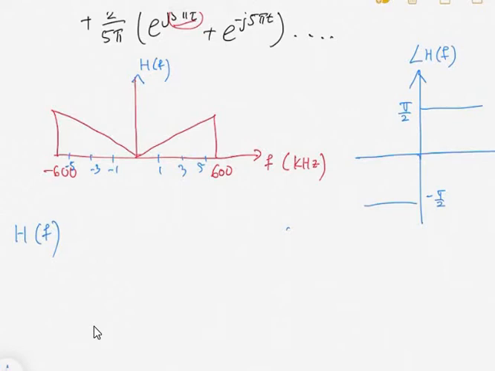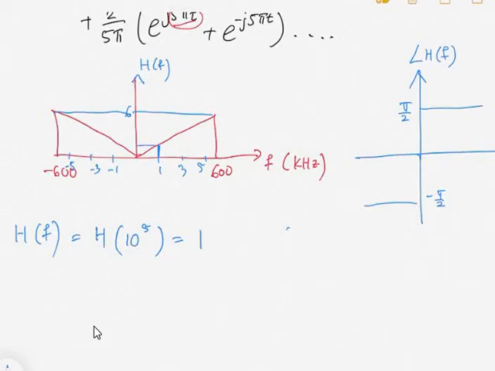So H(f) is equal to H at 1, right? So it's 100k, 10 to the power of 5 is 100k. So what is the amplitude here? The maximum amplitude is 6. This one also 6. So for 100 you get 1. So the amplitude is 1.